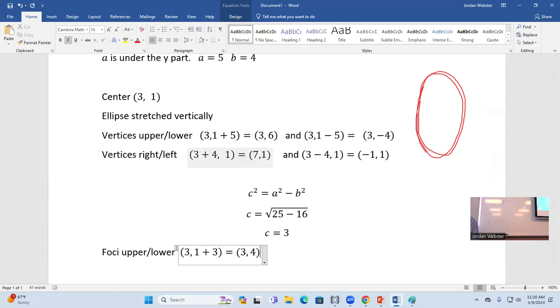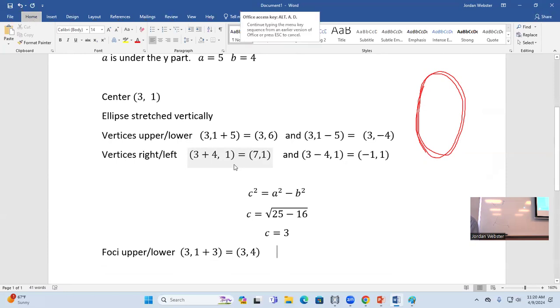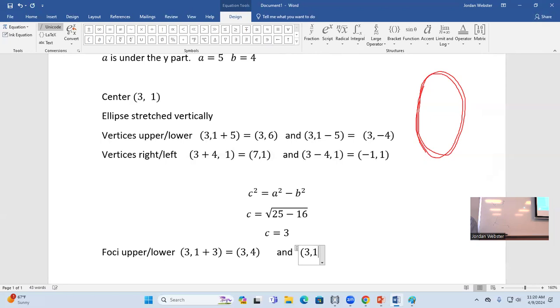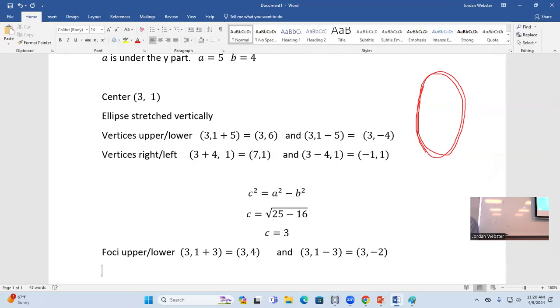So my upper focus is at 3, 4, and for my lower focus I start at the center and I shift down by 3. So my lower one is going to be 3, comma, negative 2. And again, it'll be here and here, somewhere in there.